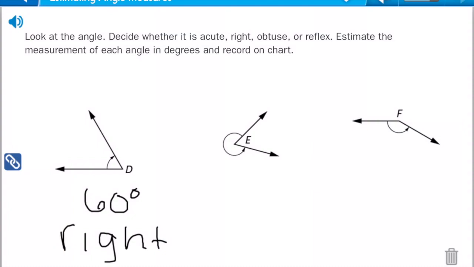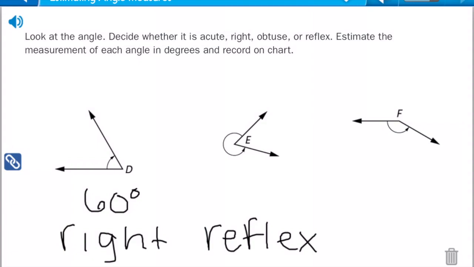So, looking here, I see one thing that helps me know what kind of angle this might be. Look, my arrow's on the outside. So when I look at that, I automatically think, this is probably a reflex angle, because my arrow's on the outside of my angle. Now I'm thinking, how big is this? I know that one full turn is 360 degrees.